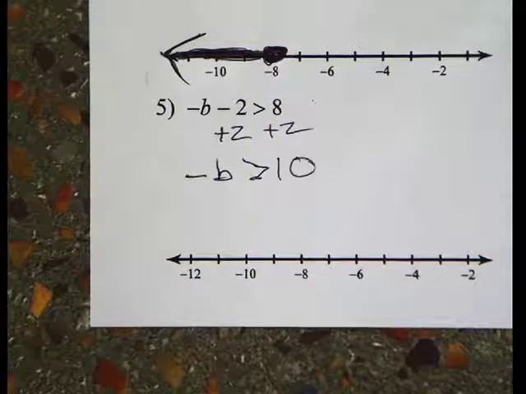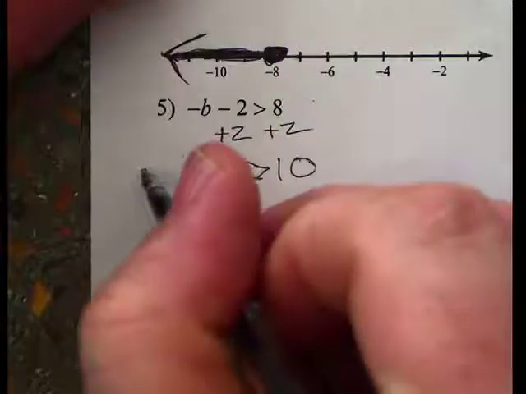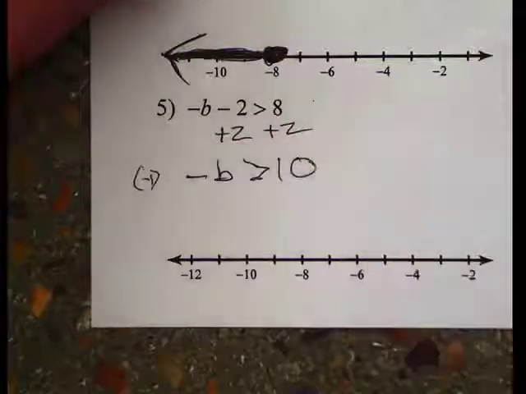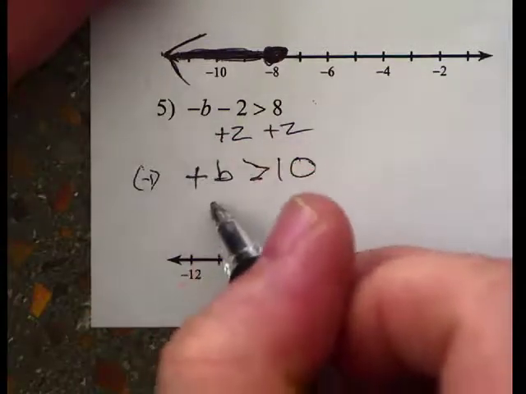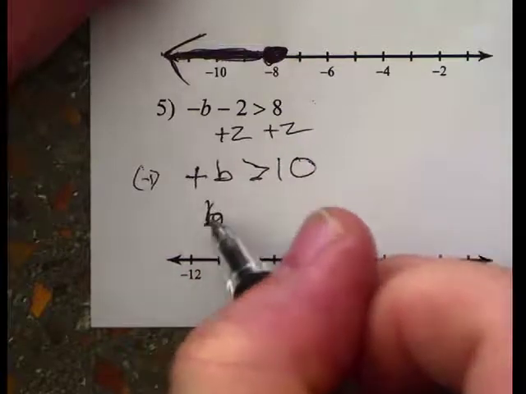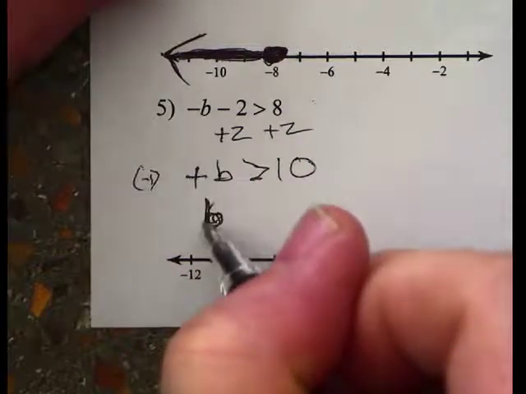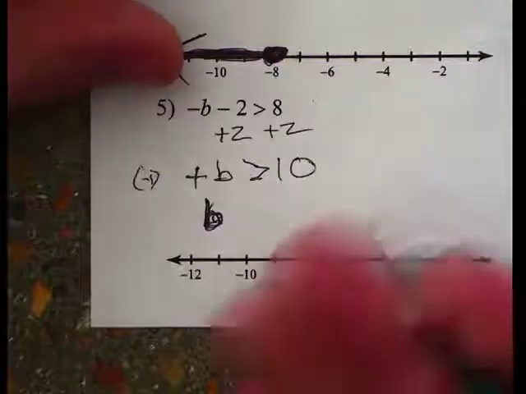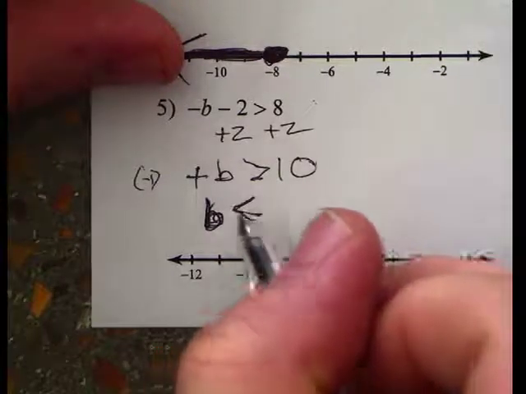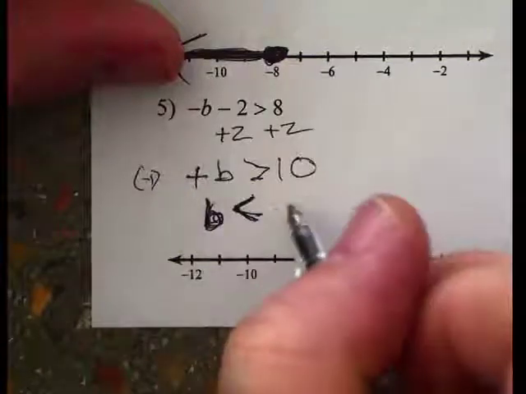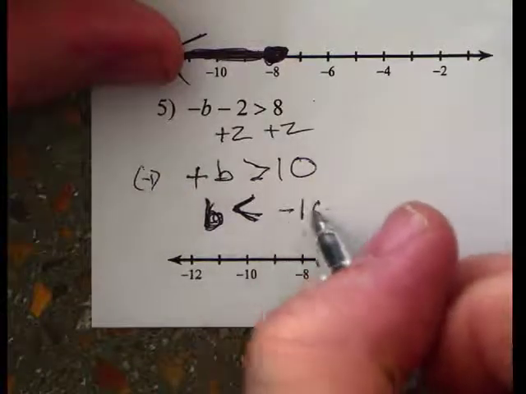That's the exact same thing as multiplying by a negative 1. All you have to remember though is just switch the sign, make that a positive b, and then switch everything else. We're going to switch the sign so it's now less than instead of greater than, and it's negative 10.